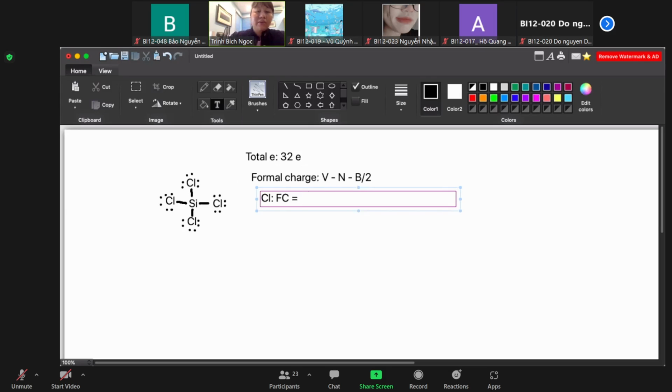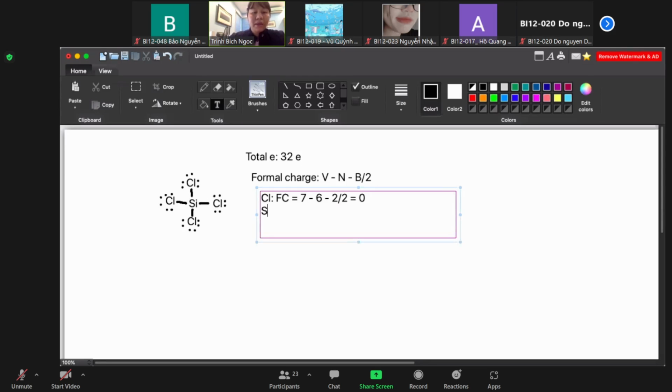Formal charge equals valence electron 7 minus the non-bonding electrons, 1, 2, 3, 4, 5, 6, minus the number of electrons that participate in the bonding, 2 electrons, divided by 2, so it will be 0. This is for each atom of chlorine.